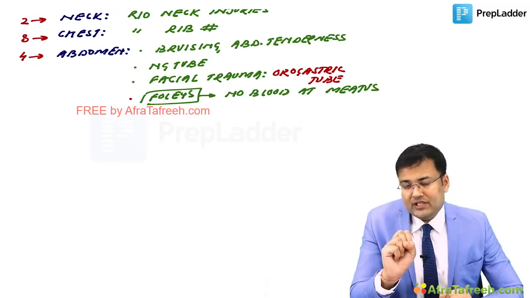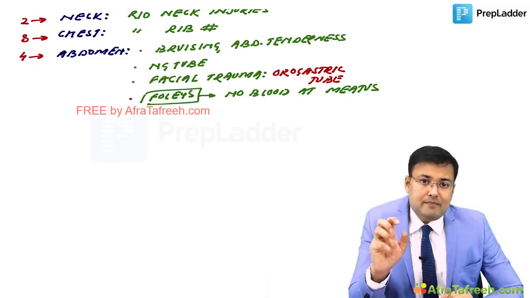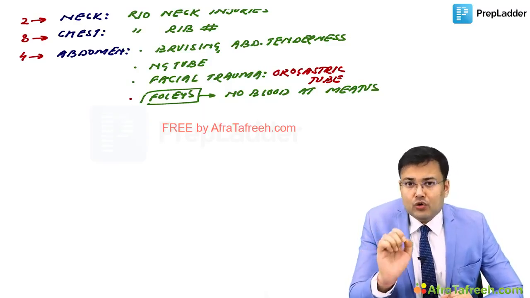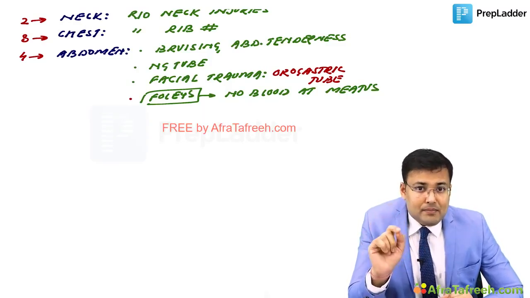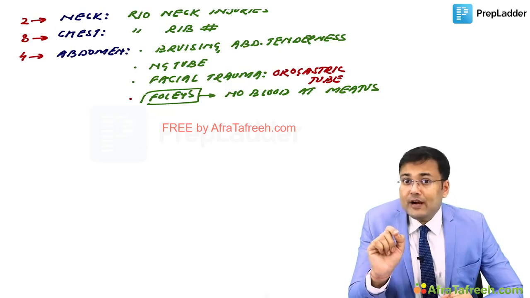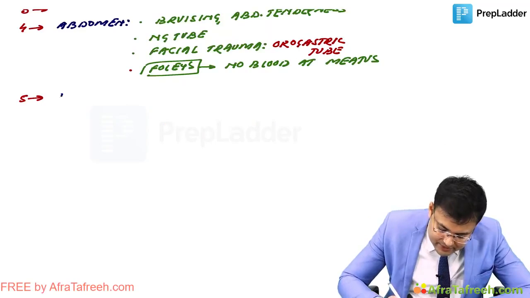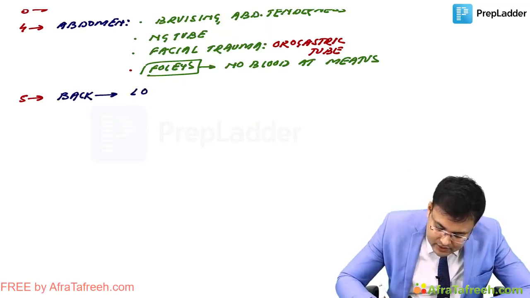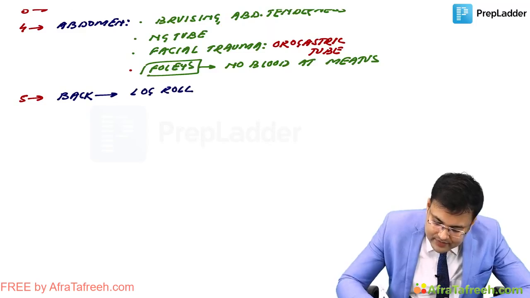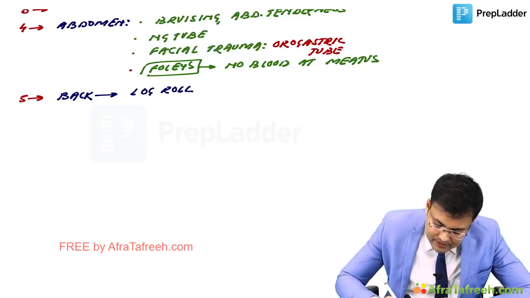So 2 important questions. Ideal number of people required for log roll, 5, and the minimum number of people required for log roll is 4. So the fifth step is the examination of back, also known as log roll.